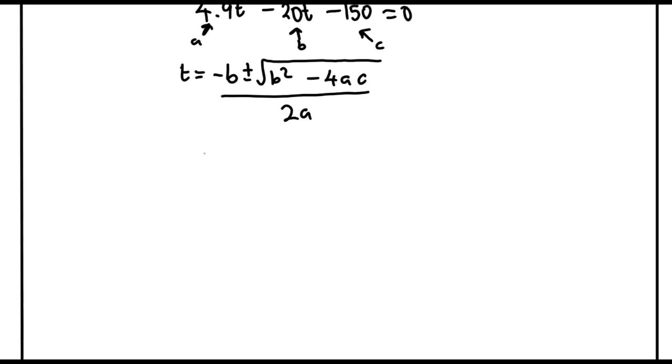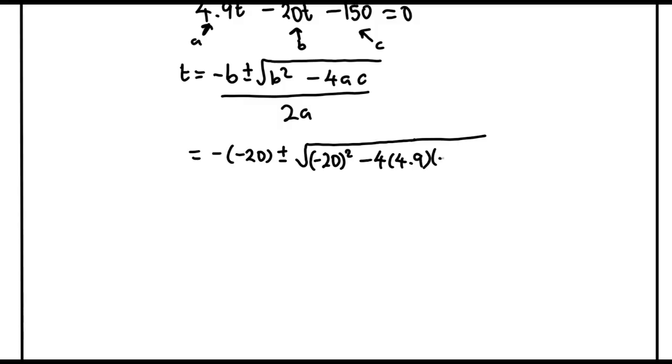Let's plug them into the equation. So negative, our b is negative 20, plus or minus the square root of negative 20 squared minus 4, our a is 4.9 and our c is negative 150, divided by 2 times 4.9.